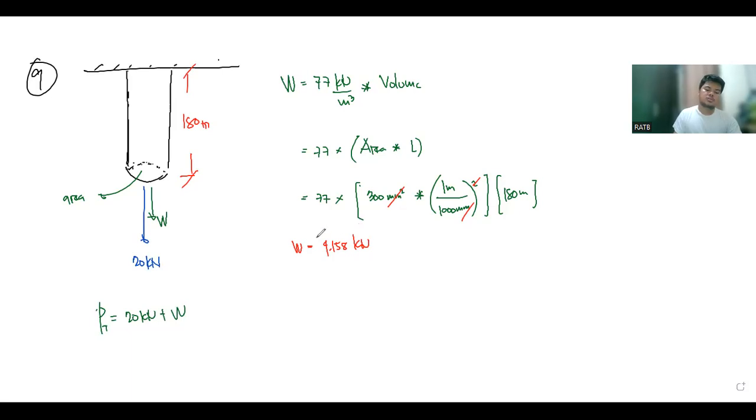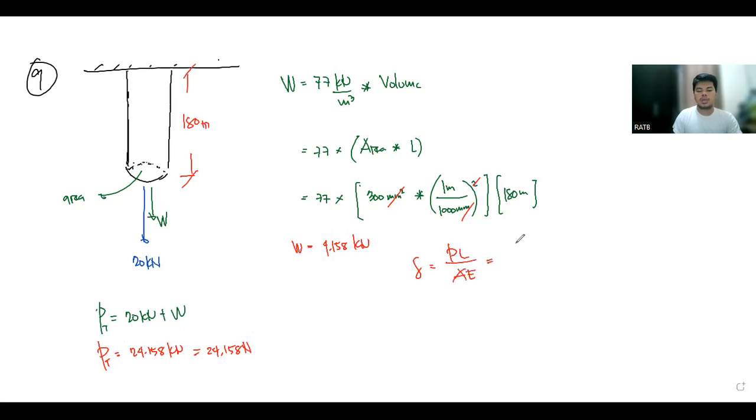Okay, so therefore the total load attached is 24.158 kilonewton, or basically that's 24,158 Newton. To calculate the elongation, that's PL over AE.